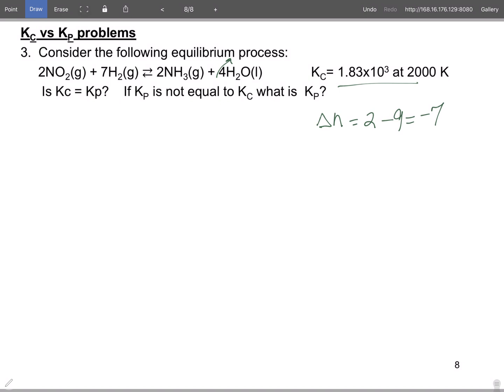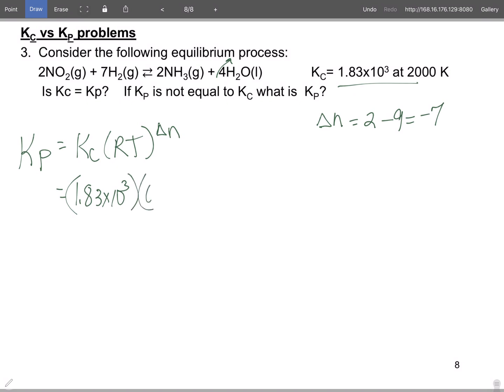So what we're looking for is Kp. We're given Kc, and I'll go ahead and write the formula. So Kc is 1.83 times 10 to the 3 times 0.08206 liter atmospheres per mole K. Do you have to put in the units?